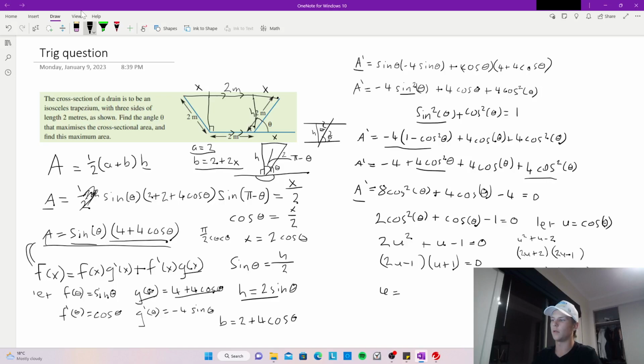Alright, then we get u is equal to 1/2 or u is equal to negative 1. Now we know that u is equal to cos theta. So we're actually approaching the end here. That means cos theta is equal to 1/2, and then we're just going to equate our other one.